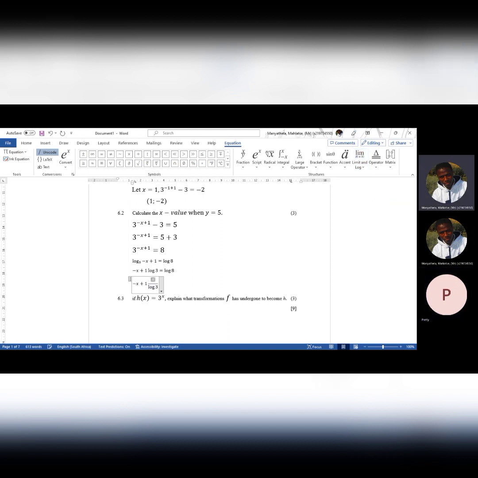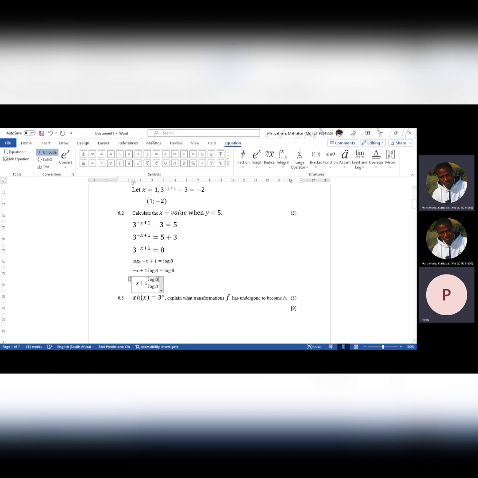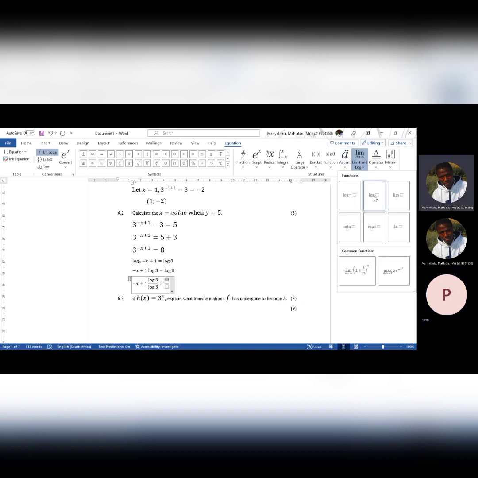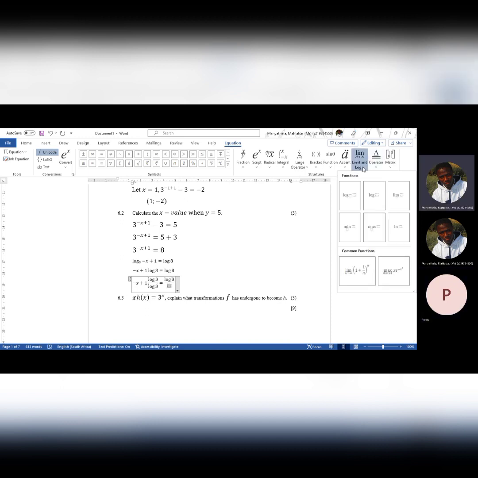Log 3 over log 3 is equal to log 8 over log 3. So on your calculator, you can do log 8 over log 3 and tell me what it gives you.